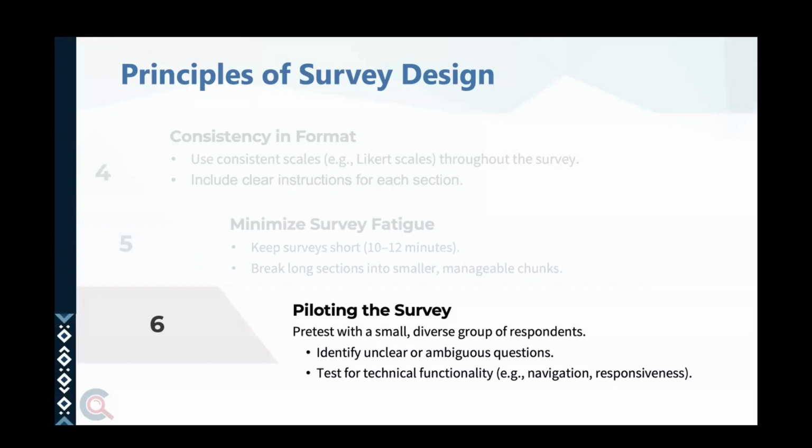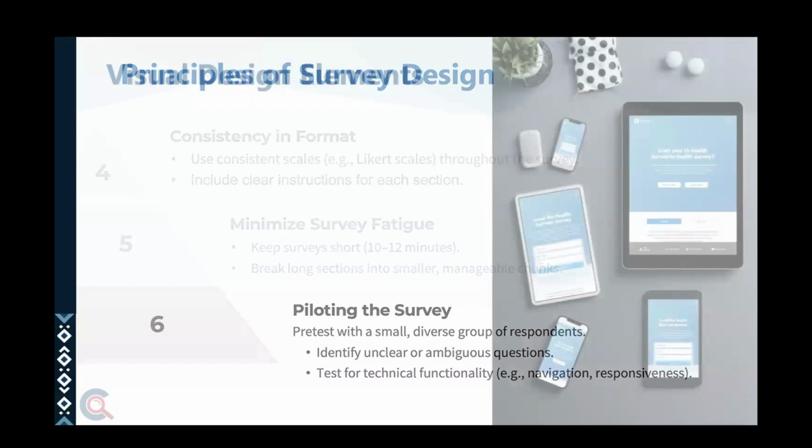So by piloting with a small group, you are going to get early feedback on both the quality of the questions and on some technical aspects like navigation, clicking next, does it really work, responsiveness across devices, and so on. So these are the 6 principles that I think if you implement, you're going to design surveys that are remarkably much better.